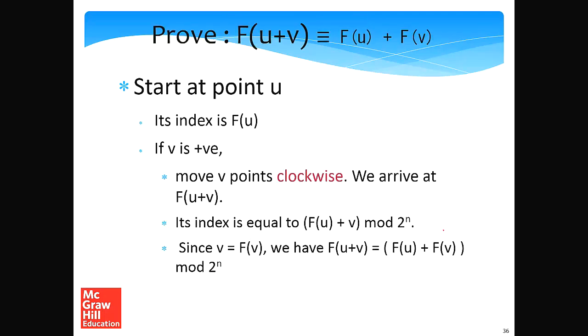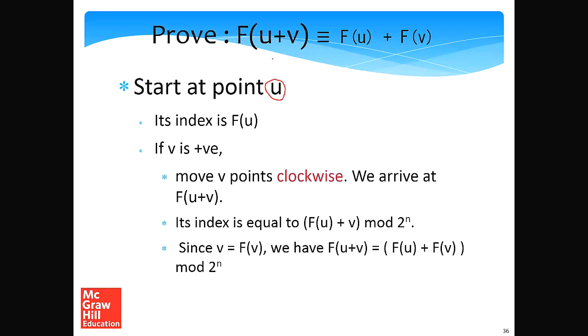So now let's take a look at some of the basic properties of a 2's complement number system and see what the real advantage of this is. The 2's complement system has some wonderful mathematical properties, and that's very interesting. Let's start at a point u.